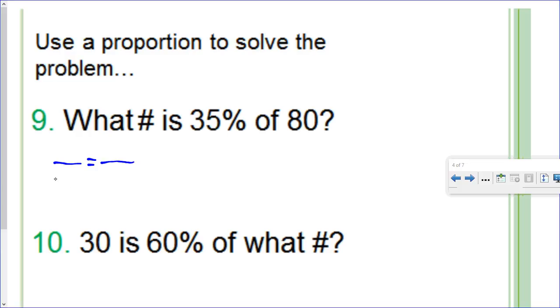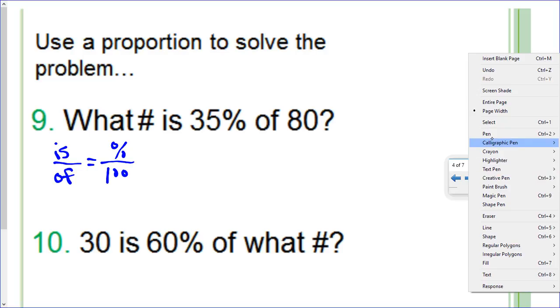If I set up my 2 equivalent ratios, I'm going to look for some clue words. Is over of equals a percent out of 100. Whenever I set up a proportion to solve a percentage problem like this, I can look for those clue words. So in this problem in particular, I'll show you what I mean by that.